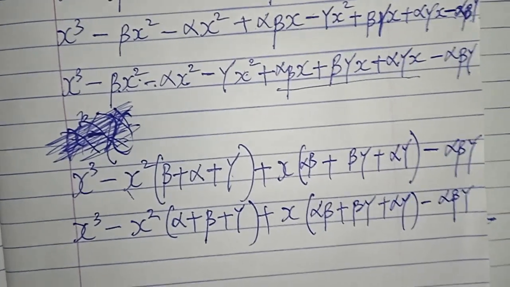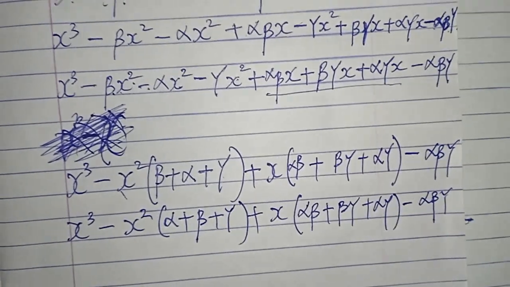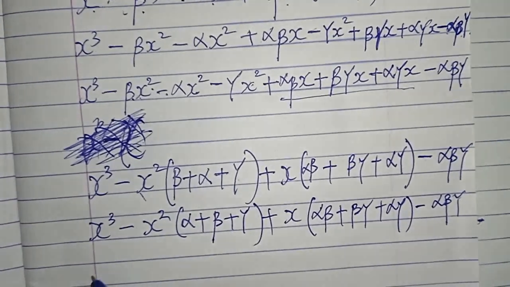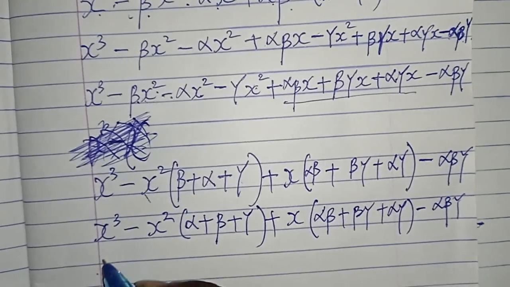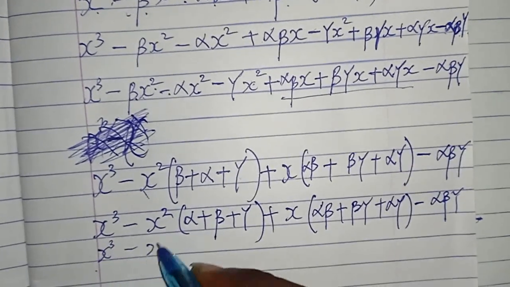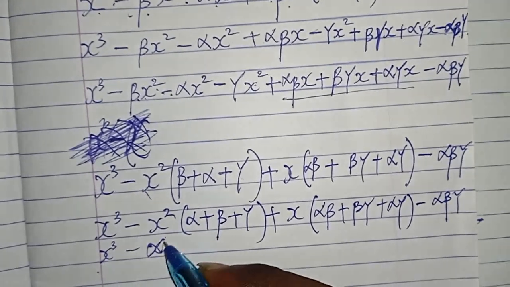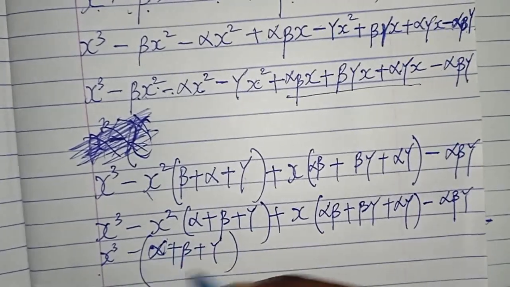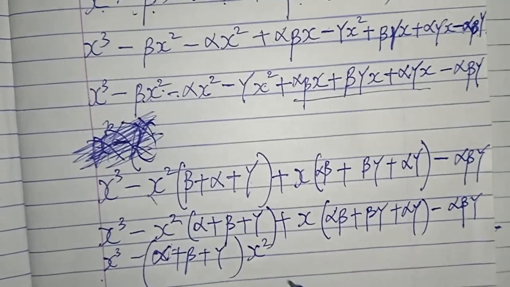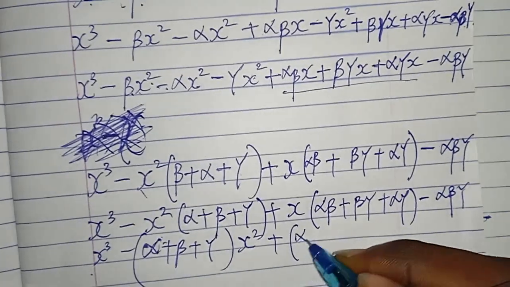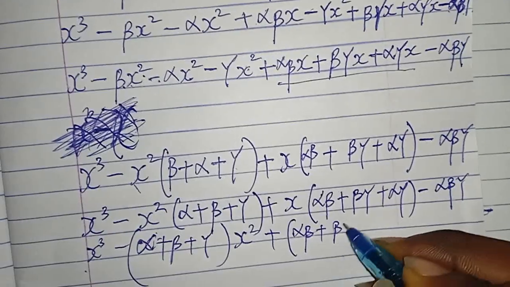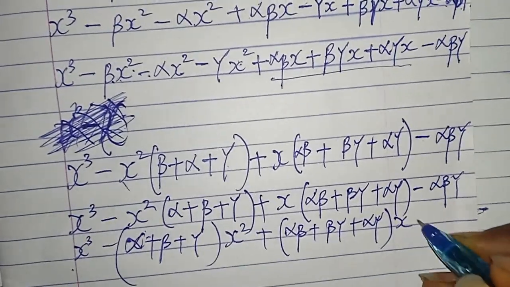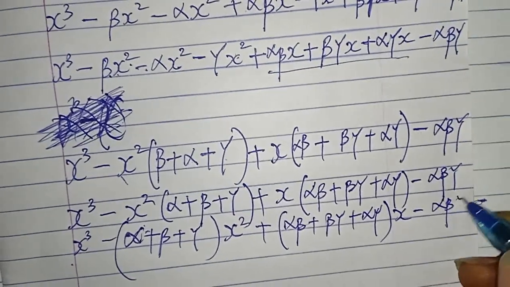So you can see that if you compare this with the standard equation for a cubic equation, we've gotten what we are looking for. Let's write this as x cubed minus (alpha plus beta plus gamma) x squared plus (alpha beta plus beta gamma plus alpha gamma) x minus alpha beta gamma.